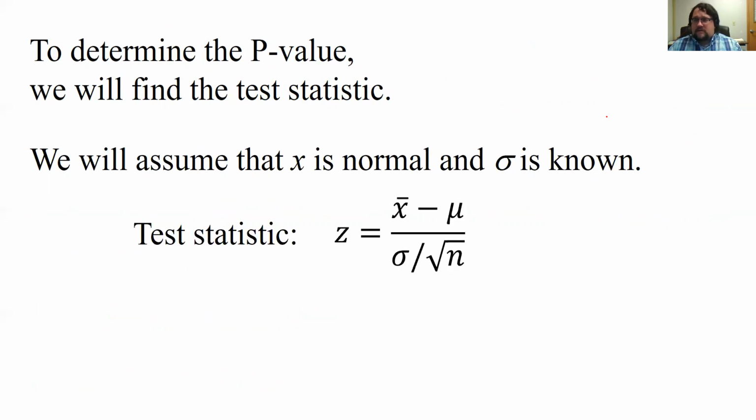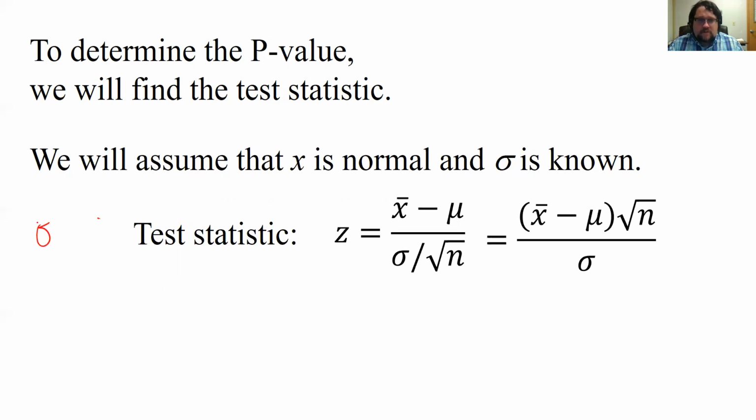So to calculate this test statistic, we're going to take our sample mean minus our population mean and divide it by the standard error, sigma divided by the square root of n. That's just moving the formula around a little bit.